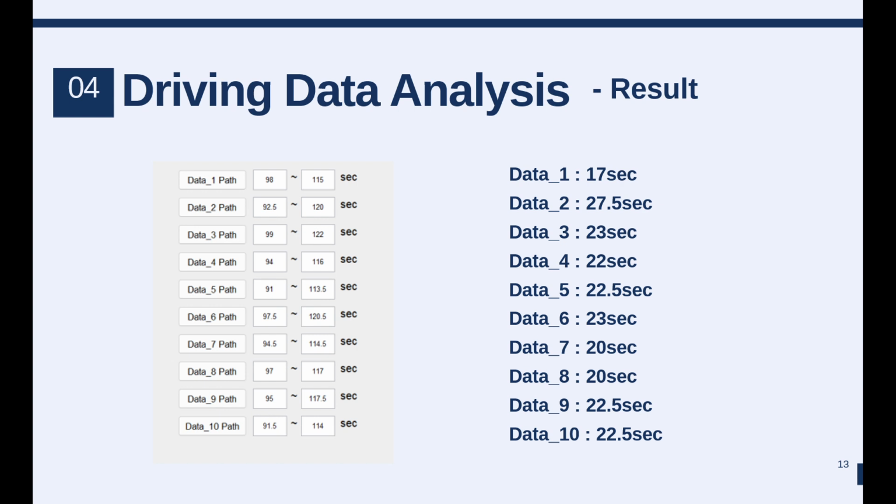However, factors such as human driving errors and limited driving outcomes prevented the extraction of optimal data. I believe that with more driving trials, the lap time could be further improved.